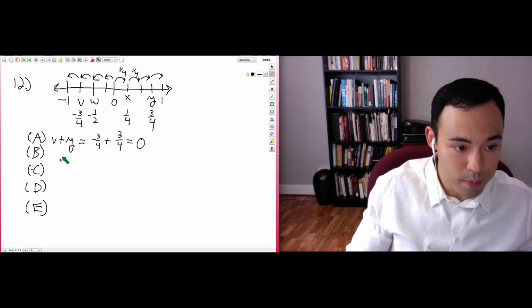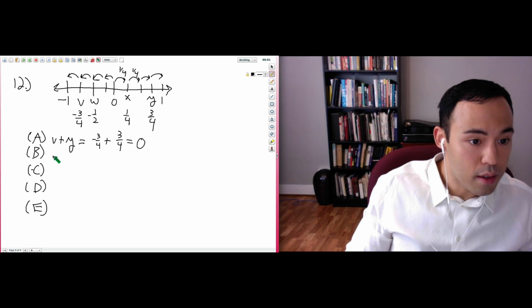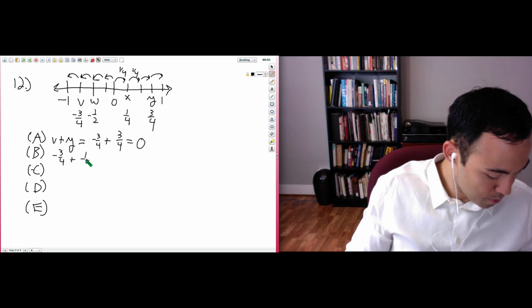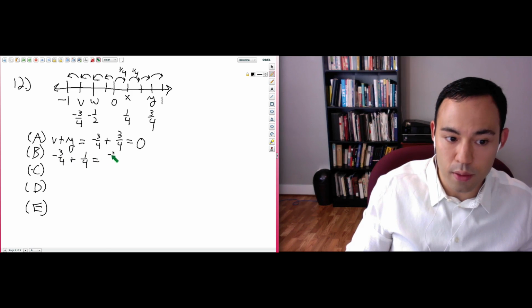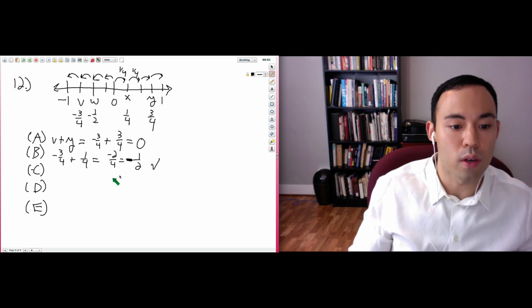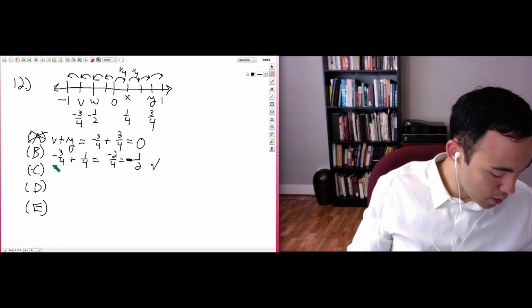So far, we keep 0 in mind. V plus X is equal to, well, -3 plus -1, -2/4, which is -1/2. That is smaller than 0, so we're going to go ahead and cancel out A.